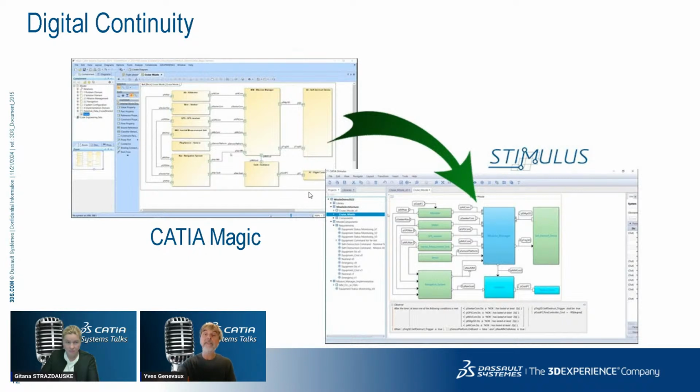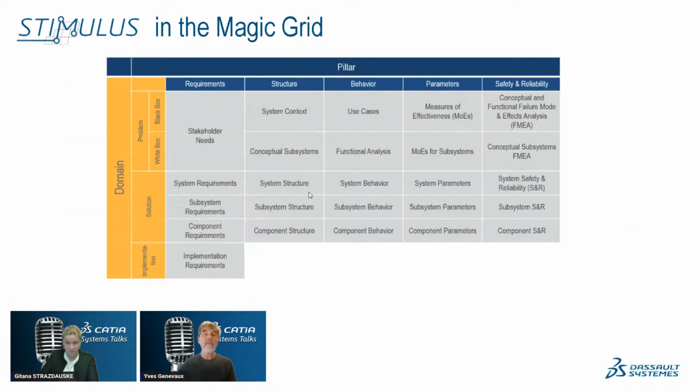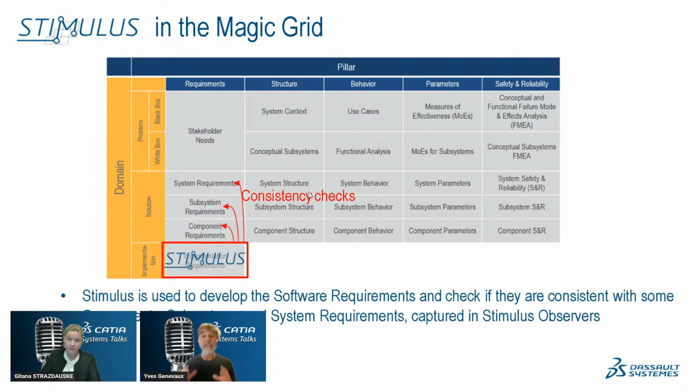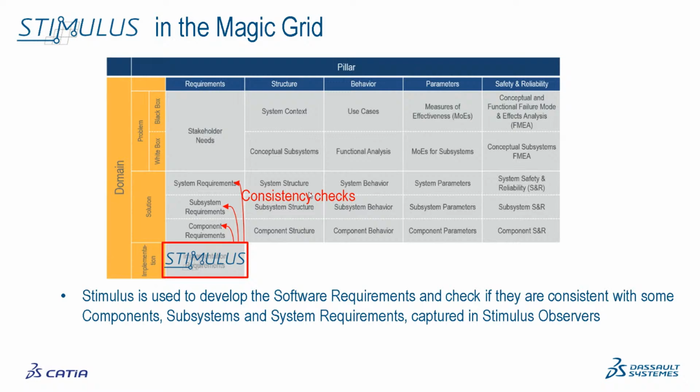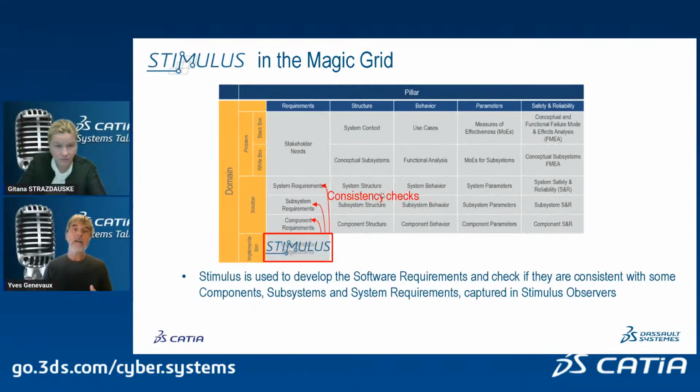And in Stimulus, that's going to be the moment where you will create the software requirements or the detailed functional requirements. If you know a bit about CATIA Magic, in the method, we provide the magic grid, and Stimulus in that magic grid will be located here for the implementation requirements, mostly, which you capture in Stimulus and are able to simulate and validate.